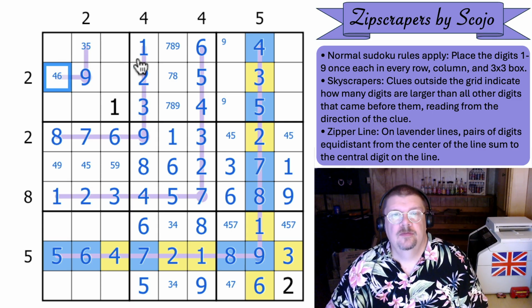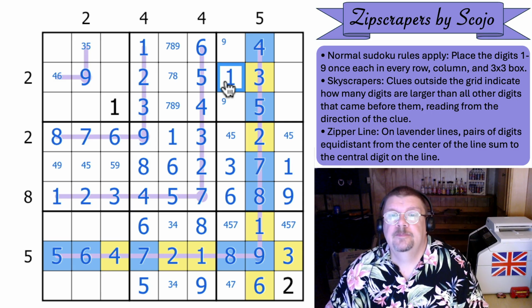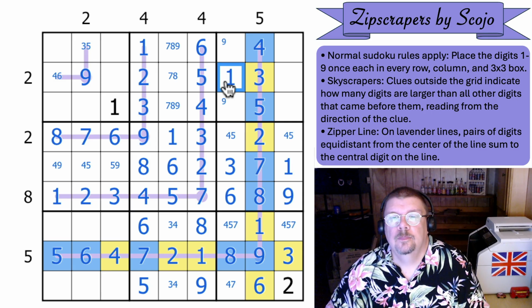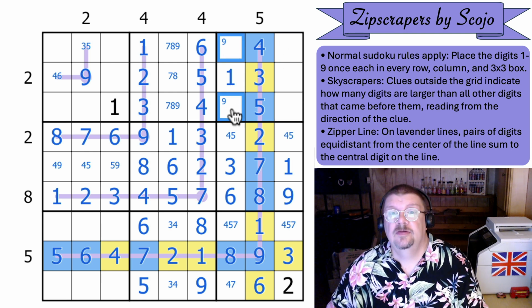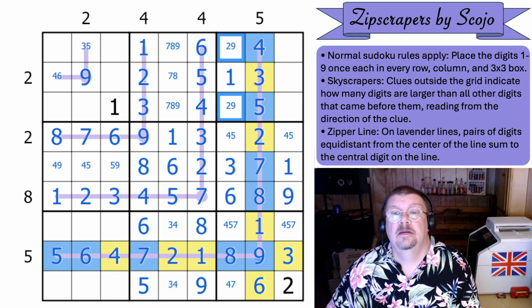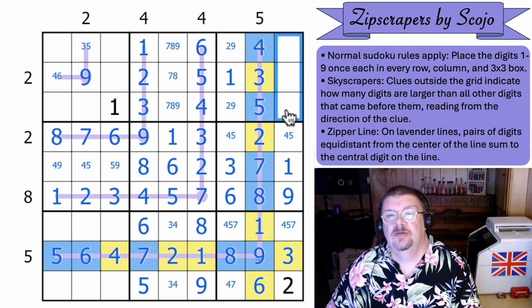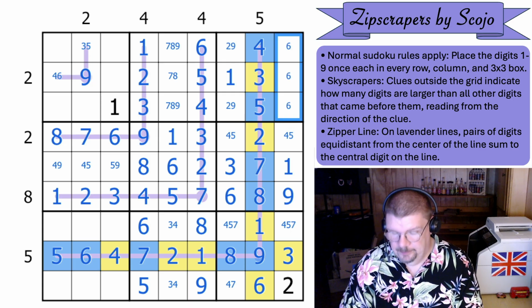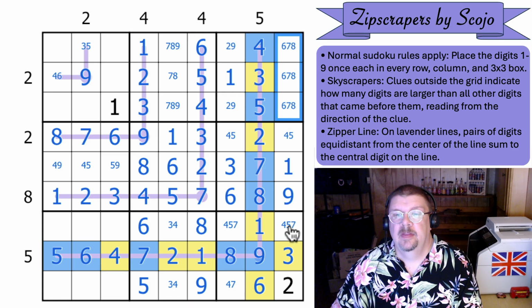Okay, ones. 1 must be in one of those two, but it's not that one, so that's a 1. 2 is not in there, so this is a 2-9 pair. That means that these 3 digits are from 6, 7, 8. And that means that that is not a 7.